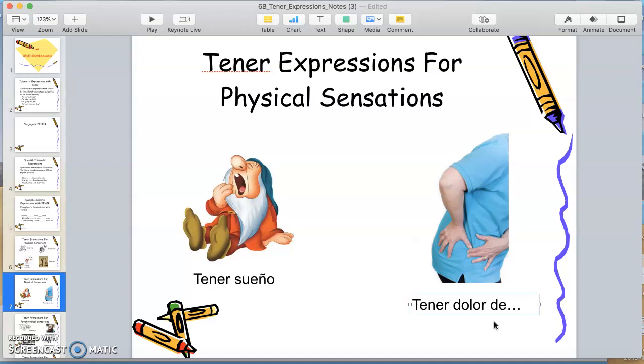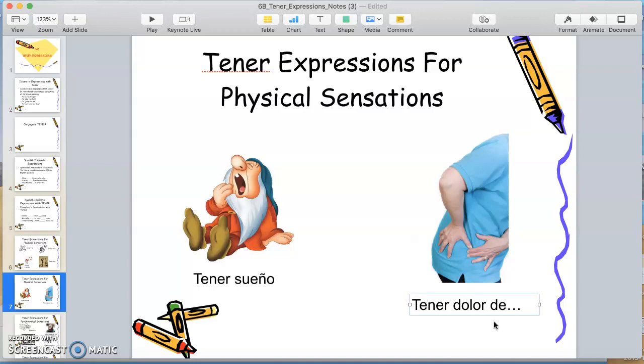But the formula that I cannot change, or the expression that must be that way, is just like you see it. Tener dolor de. That's the expression. Whatever comes after it changes depending on the context. So what does this mean? To have pain.